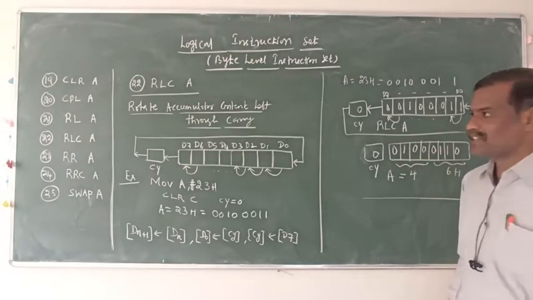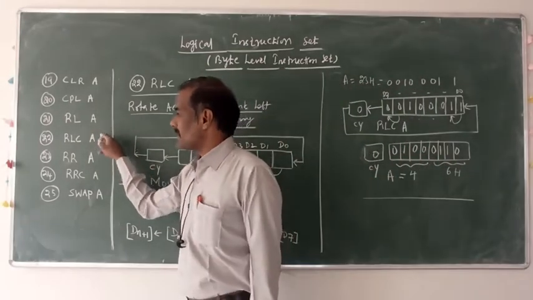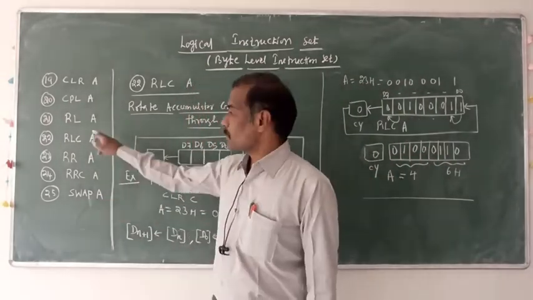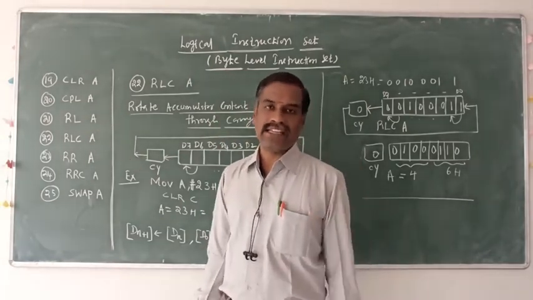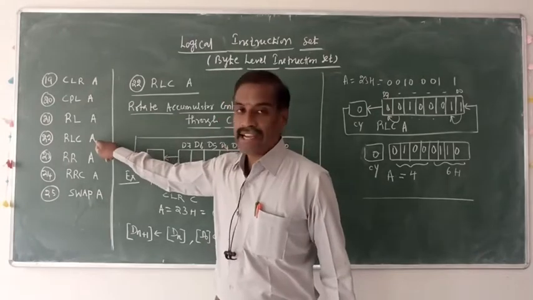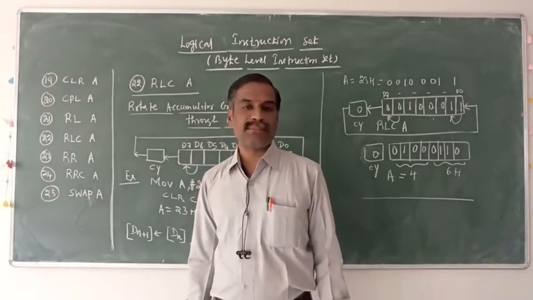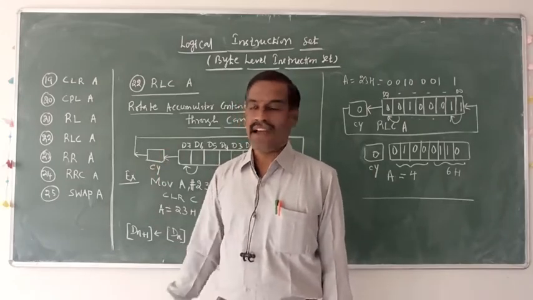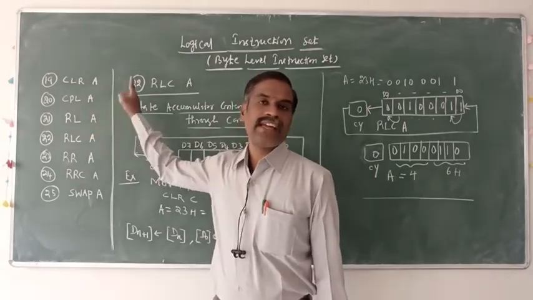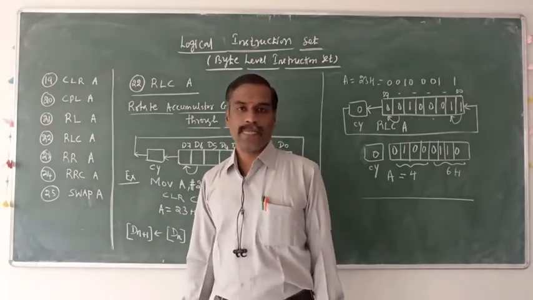What is the difference between these two instructions? 21 and 22: this is for rotate accumulator content left without carry, and this is for rotate accumulator content left with carry also. This is the main difference. Both are rotate and both are left. The first instruction is without carry and the second instruction is with carry. Okay.